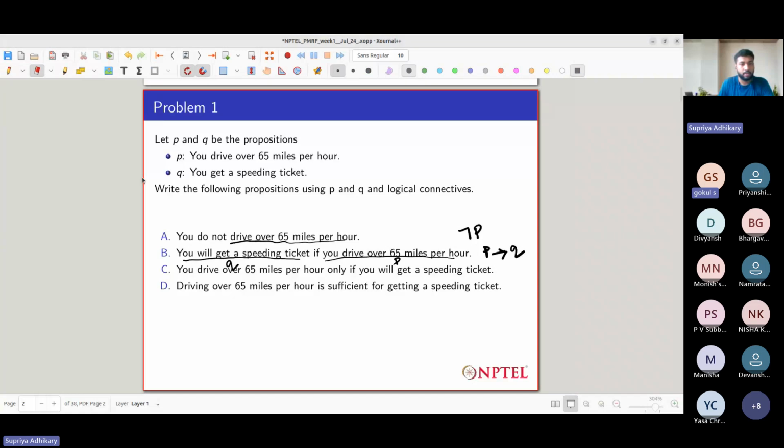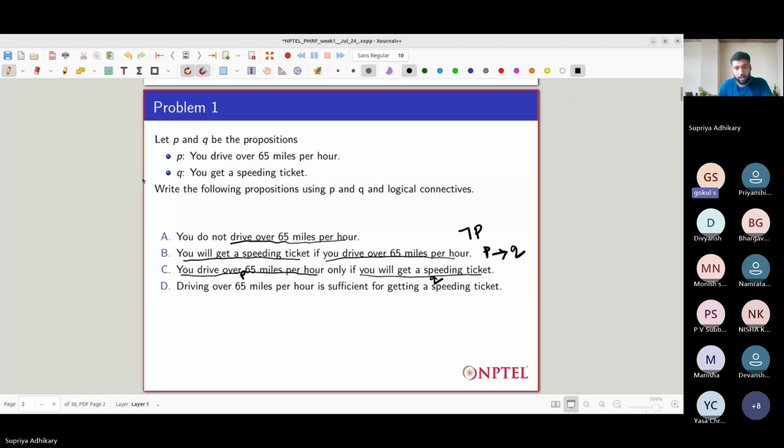In the third statement, we have the proposition P again, and it says you drive over 65 miles per hour only if you will get a speeding ticket.